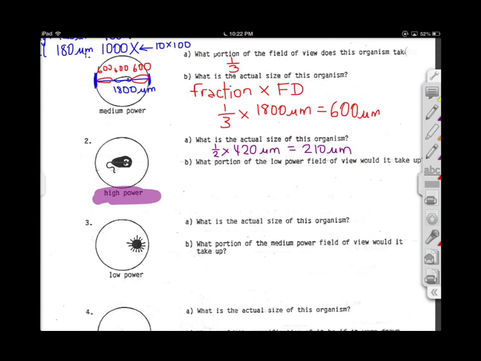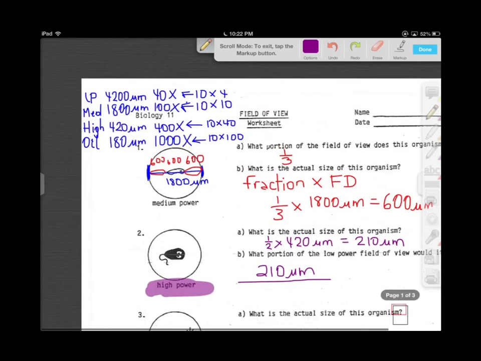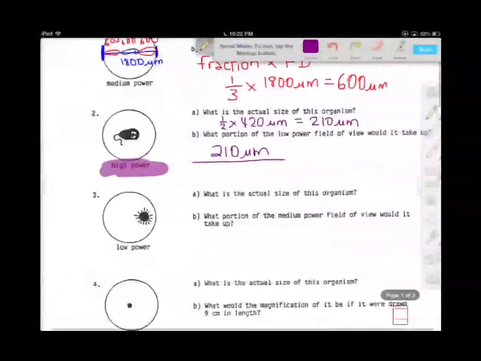Okay, now let's think about this. We know how big he is. So he's 210 micrometers. So let's throw that in. He's 210 micrometers as his real size. And we know that the low power field of view, we'll go up here, oops, undo. Low power has a 4200 micrometer diameter.